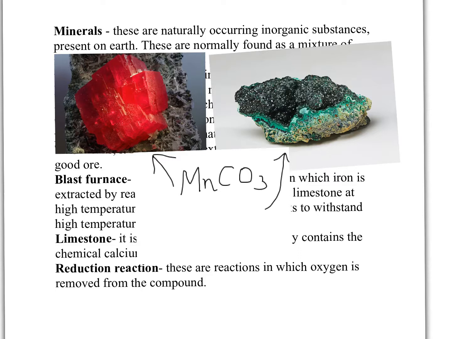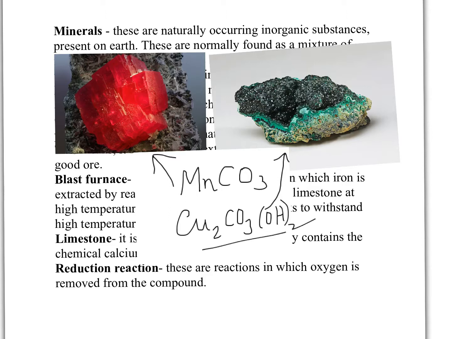What you see here on your right is another mineral called malachite, and that is the ore for copper. Copper metal is extracted from this mineral, and it's got a formula Cu2CO3(OH)2.